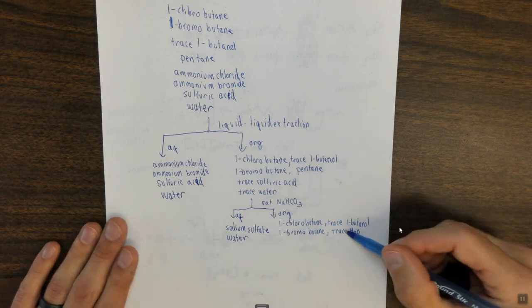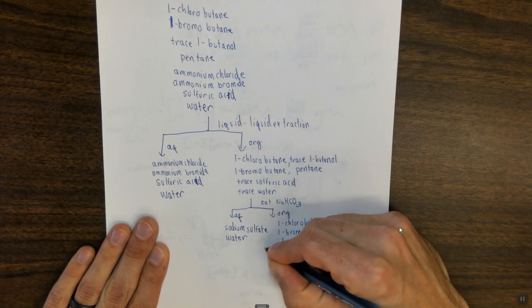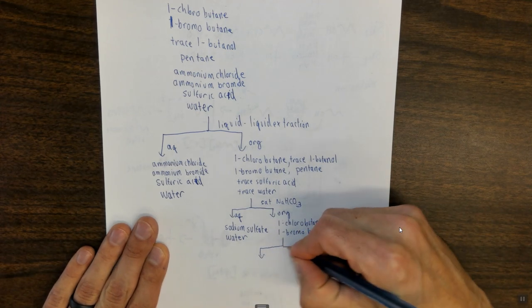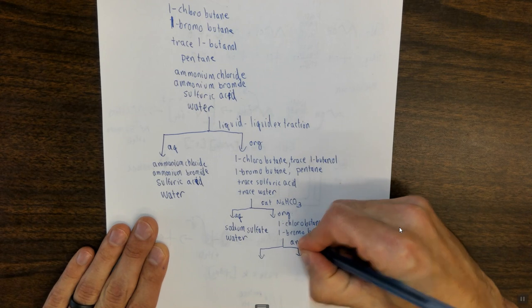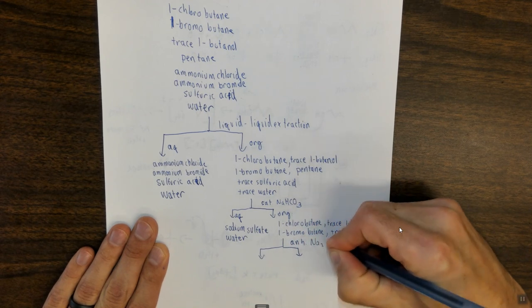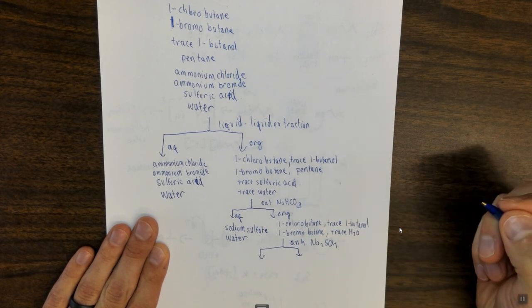All right, now how do we get rid of the trace water? This one, if you took the course recently, you're very familiar with. We use anhydrous Na2SO4, anhydrous sodium sulfate.